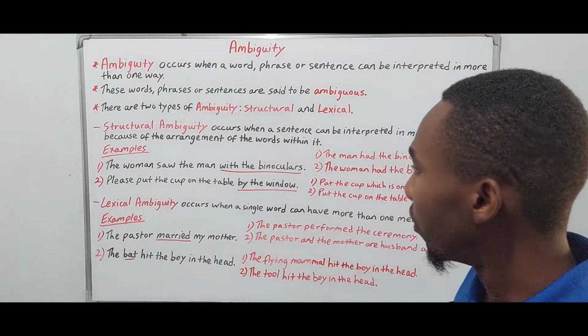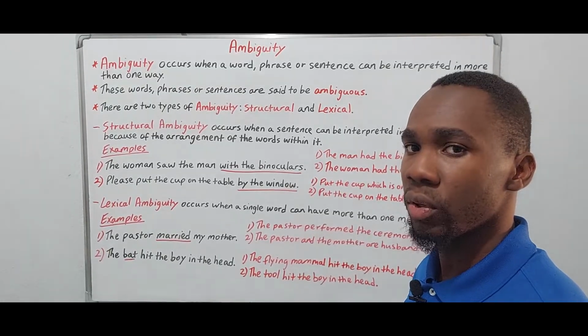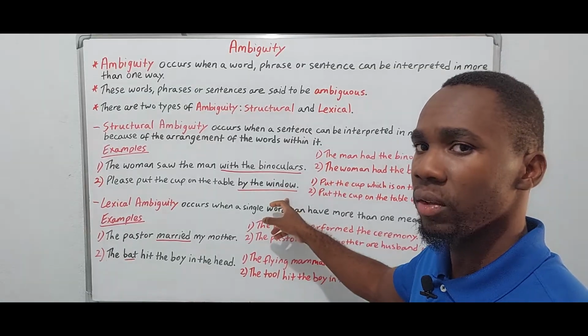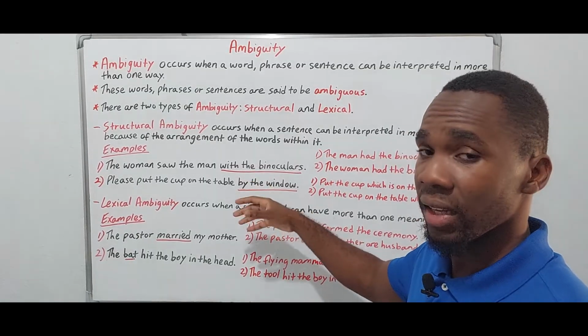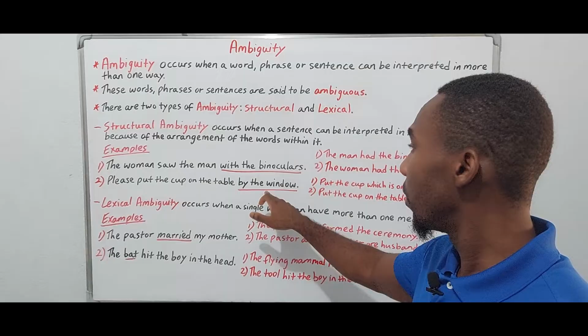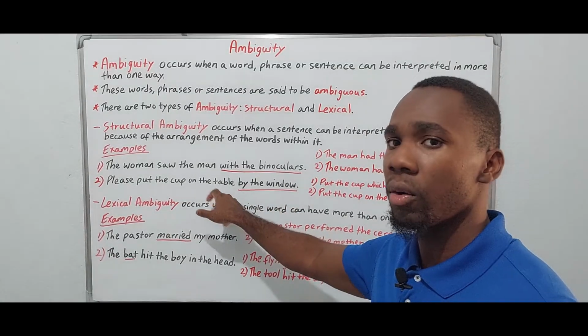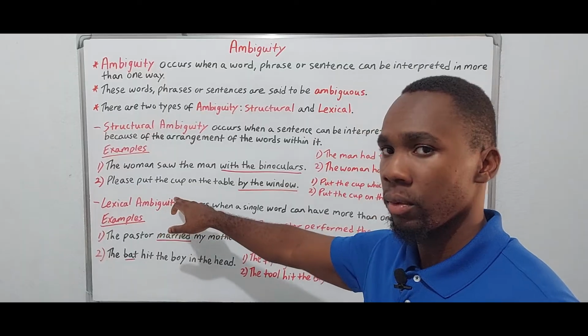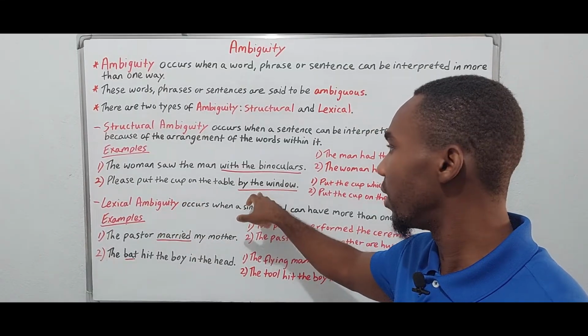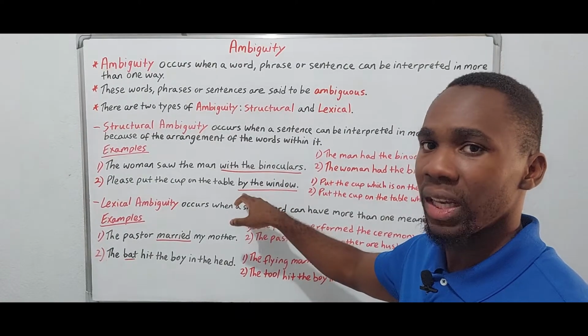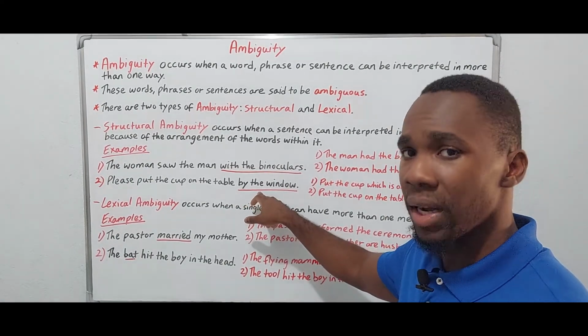So the source of ambiguity is going to be by the window. When we say by the window, once again, that's another prepositional phrase. By the window, are we referring to the table or are we referring to the cup? Because if we refer to the table, that means that the table is by the window, located by the window, okay?